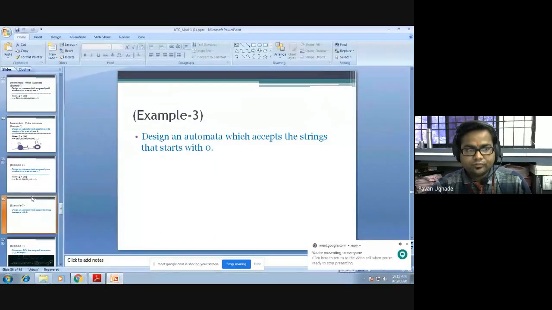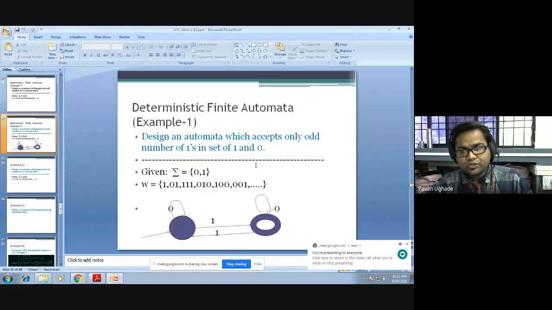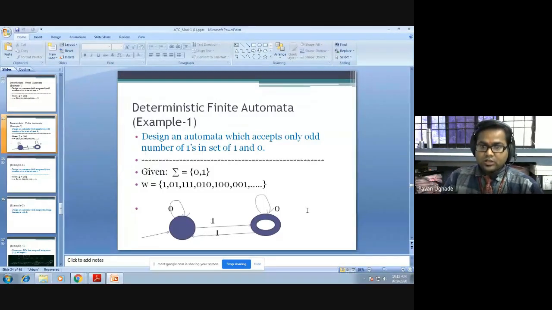Yeah. So the question was like this: design an automata which accepts only an even number of ones. The question here was odd number of ones. Now, students, if you just look at and understand the problem statement in example 1 and example 2, I'll be giving you one direct solution for the answers.